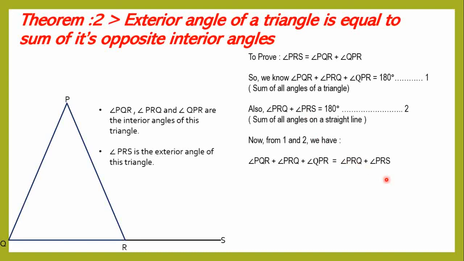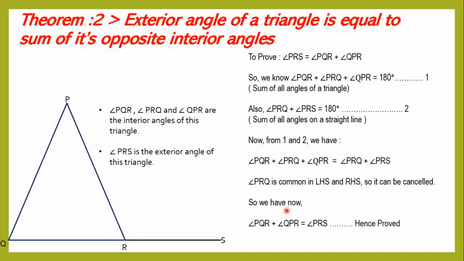Angle PRQ is common in both LHS and RHS, so we can cancel angle PRQ. When PRQ is cancelled, what we are left with is angle PQR plus angle QPR is equal to angle PRS, and that is what we wanted to prove. Hence it is proved.